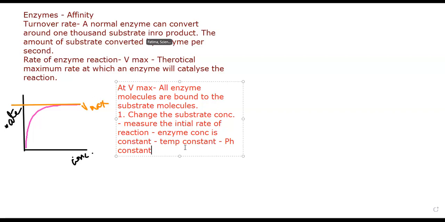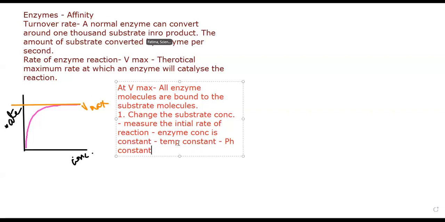So we want to make sure of this in paper 3 questions, and not just in paper 3 questions. In future, when you decide to pursue graduation or post-graduation, whenever we do any experiments or research work, we always want to make sure that all of the other variables are the same. So enzyme concentration, temperature and pH are constant, fine.